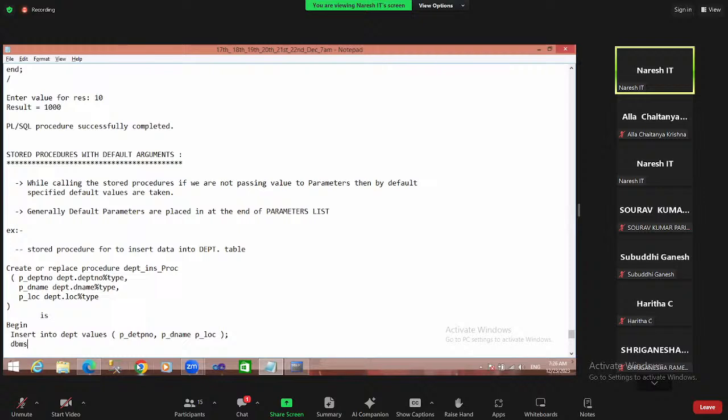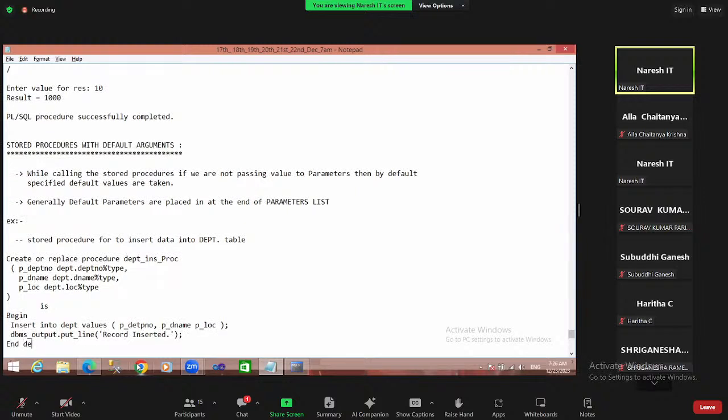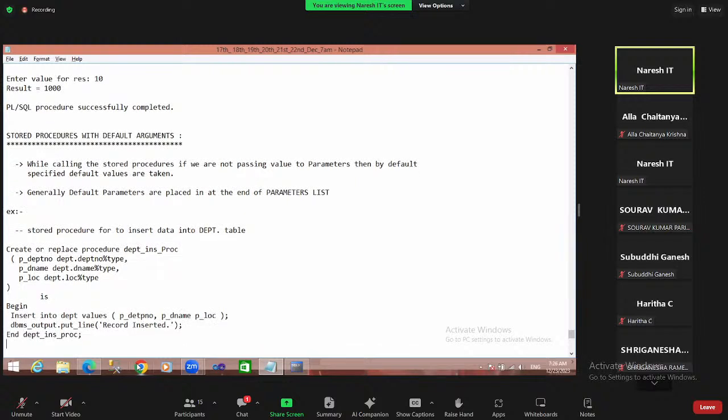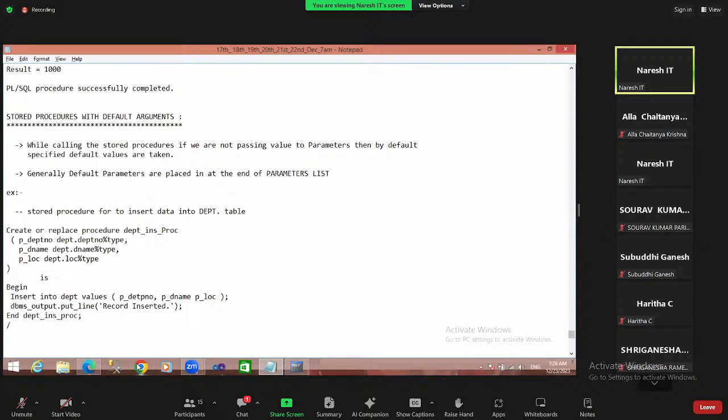So we display a status message, put_line, record inserted, and END DEPT_INSERT_PROCEDURE, slash.